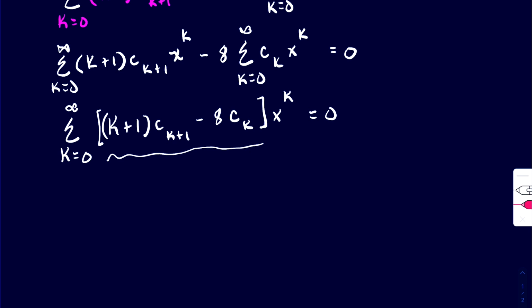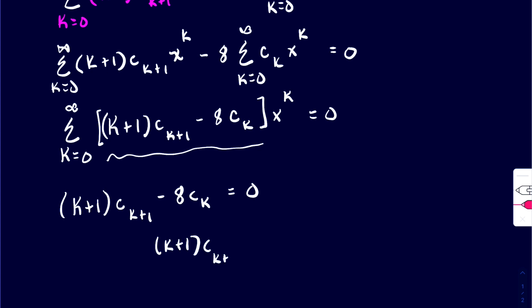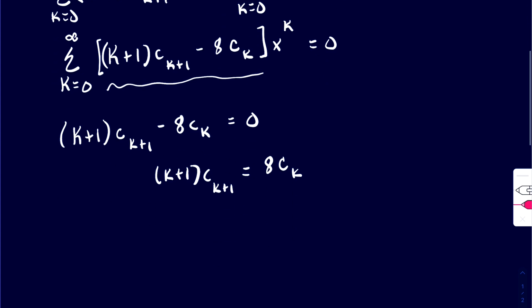So we'll get k plus 1 times c sub k plus 1 minus 8 times c sub k is equal to 0. k plus 1 times c sub k plus 1 is equal to positive 8 times c sub k. c sub k plus 1 equals 8 times c sub k over k plus 1.